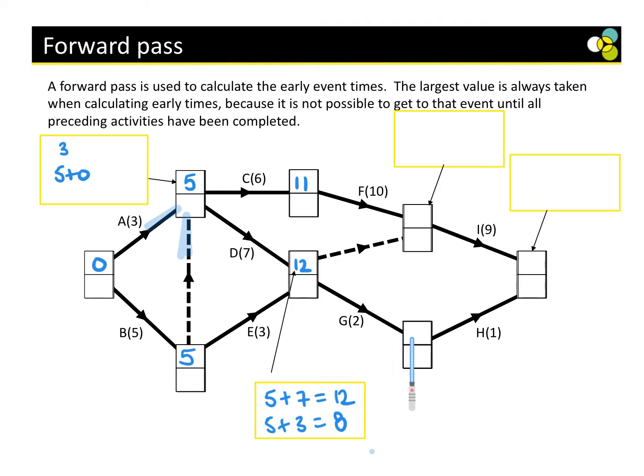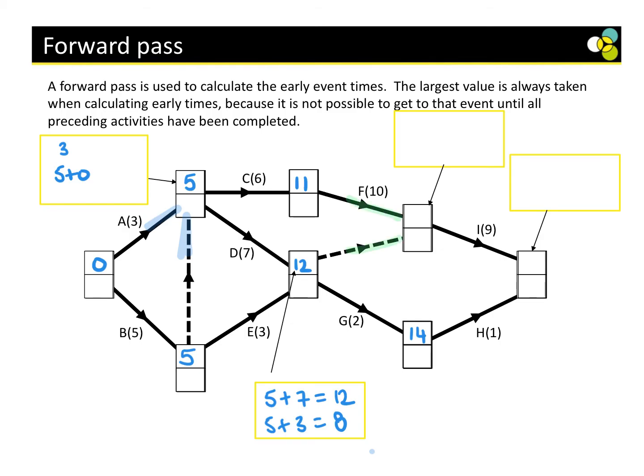Now, let's have a look at G. How many ways can we get into this bit here through G? There's only one, isn't it? It is only G. So 12 plus 2? 14. Perfect. Then, how many things need to go into here? 2. Remember, we can either go in this way or this way.